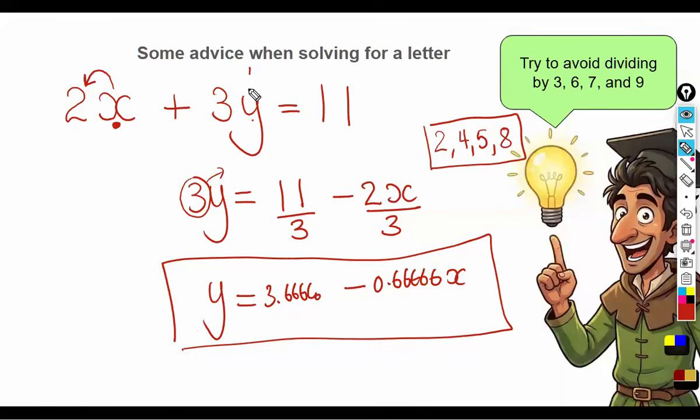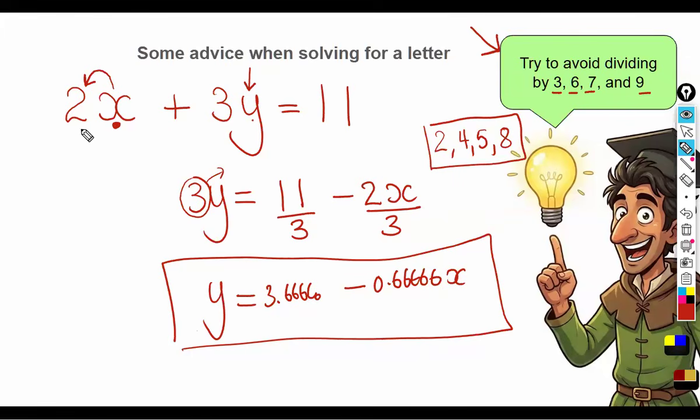I would never choose Y in this case because the number touching Y is 3, and these are the bad numbers, or what I call the evil numbers. Everyone just take down this note here in the little comic bubble. Try to always avoid dividing by 3, 6, 7, or 9. You only divide by those if you have no choice, like no choice, right?